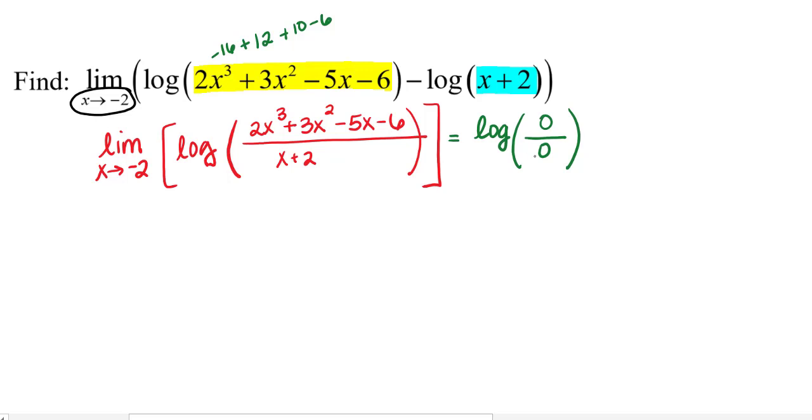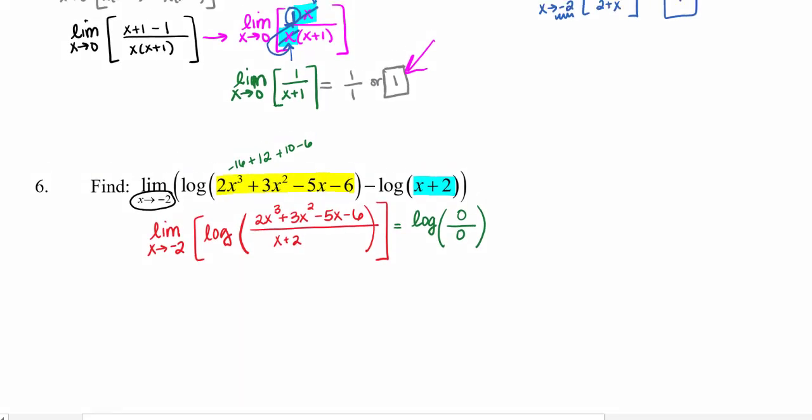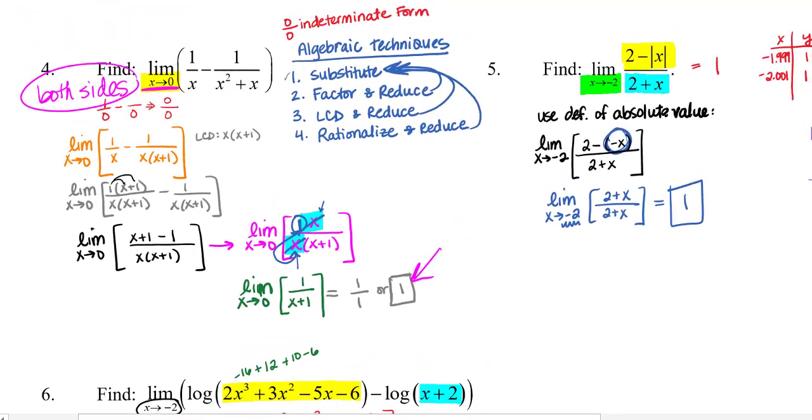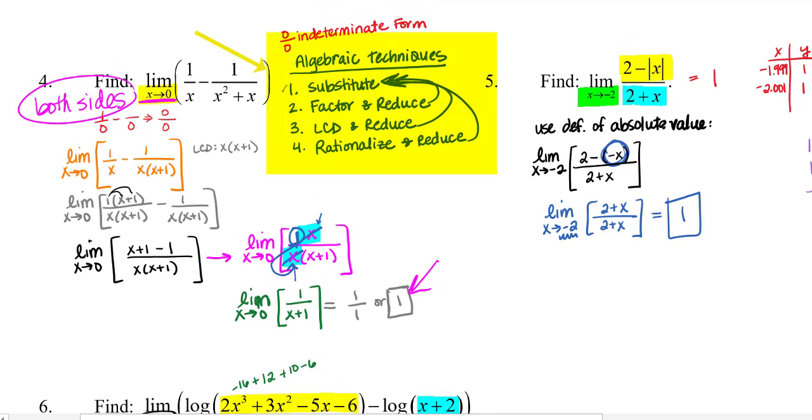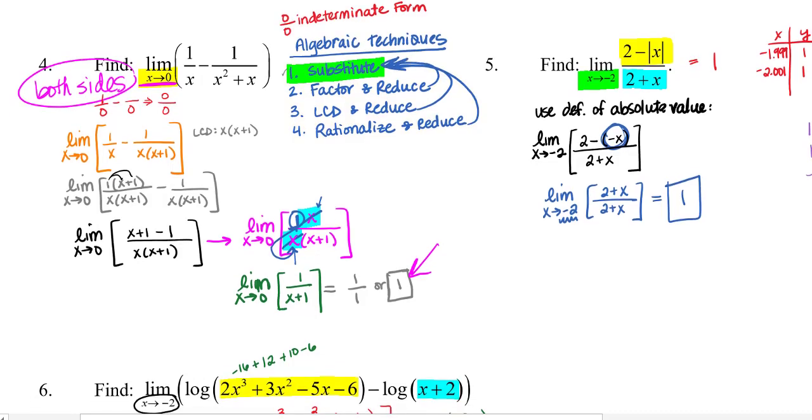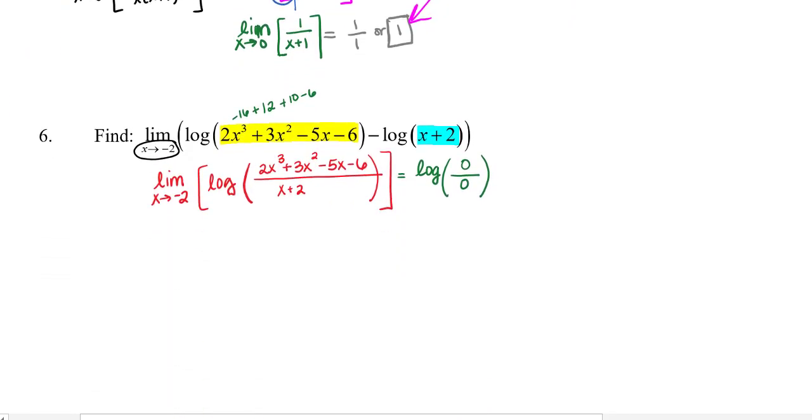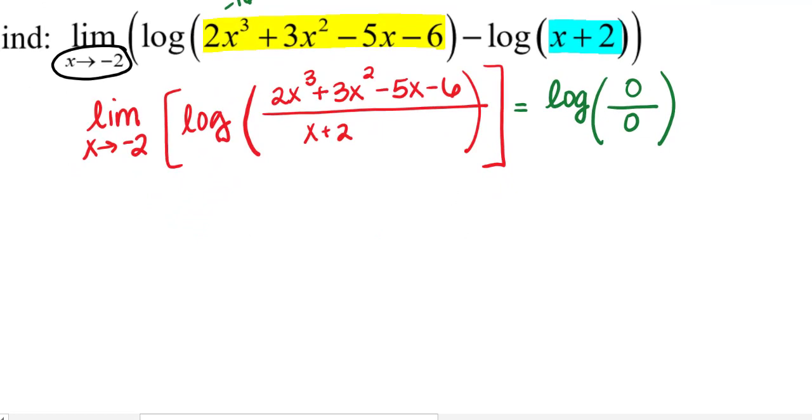Well, 0 over 0 tells me I have some algebra to do, and remember we have 4 basic techniques here of algebra that we're going to be working within. We always want to get to the point where we can substitute, so that's kind of our main goal. So right now I think maybe I'll work with this and see if I can factor that numerator. Now the key here is I know what factor I want to divide to 1.